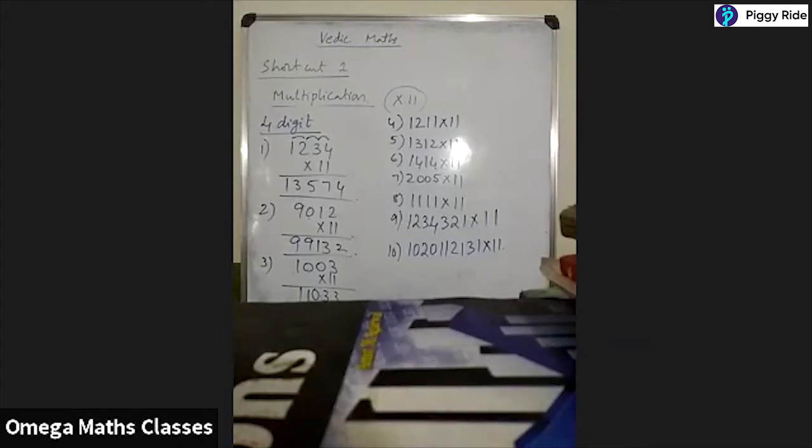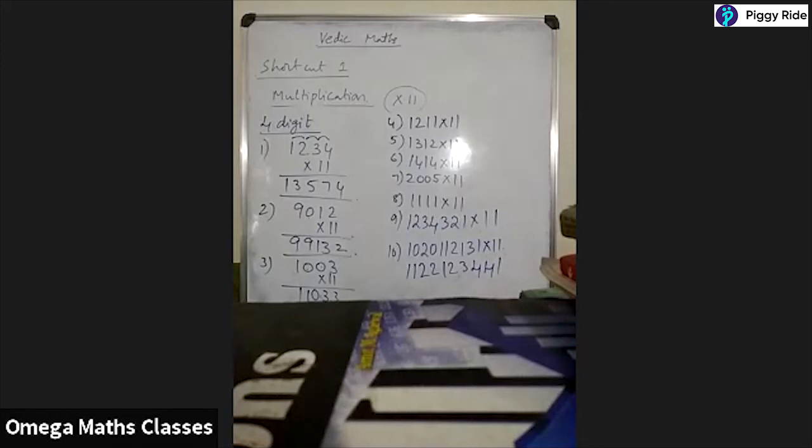Anyone completed the 9th problem? Trying? 441, yes, correct. Okay, no problem. So you understood this process. The process is important. If you know it, you can do any number. You can take your own numbers like 2 digit, 3 digit, 5 digit, 6 digit and multiply with 11. Apply the same process, okay?